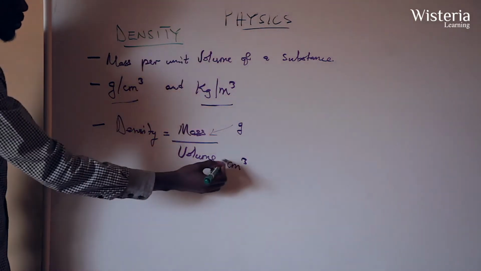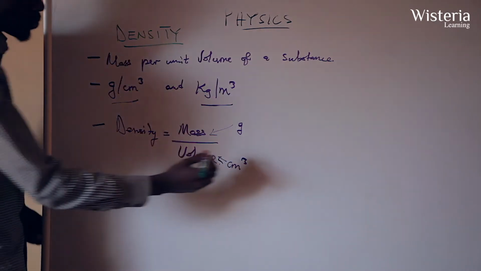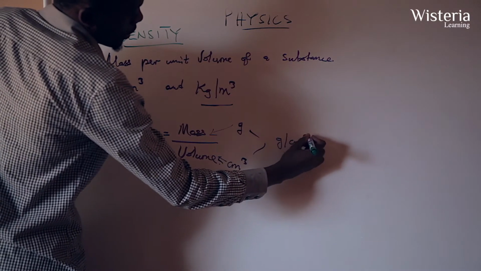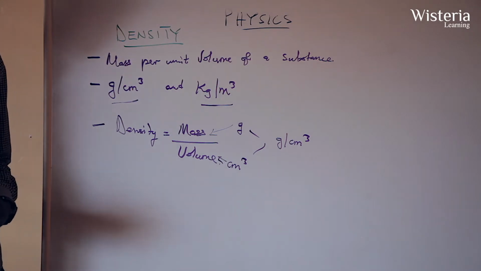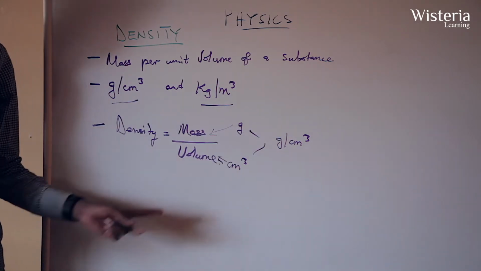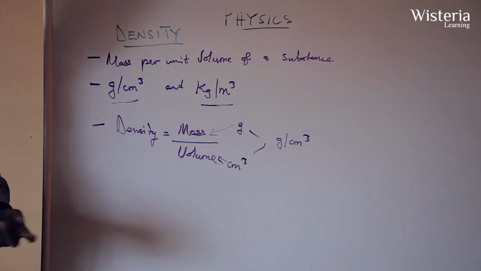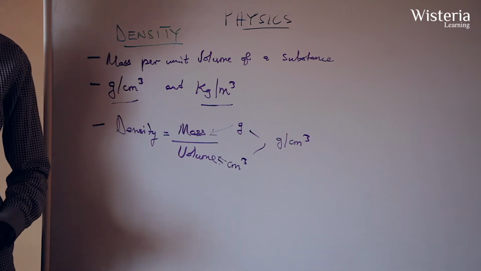In a situation where you have that, then the units for density will combine to give you grams per centimeter cubed. So the mass has to be in grams, the volume has to be in cubic centimeters in order to record the density of a substance in grams per cubic centimeters.